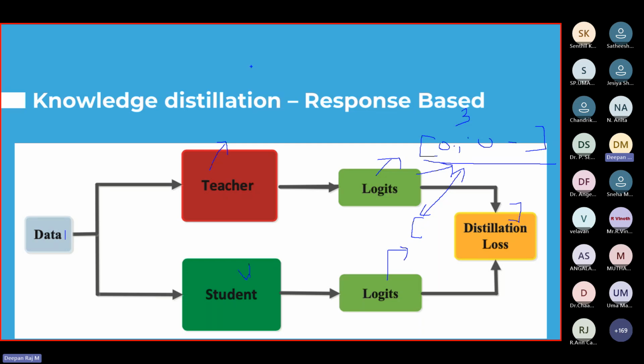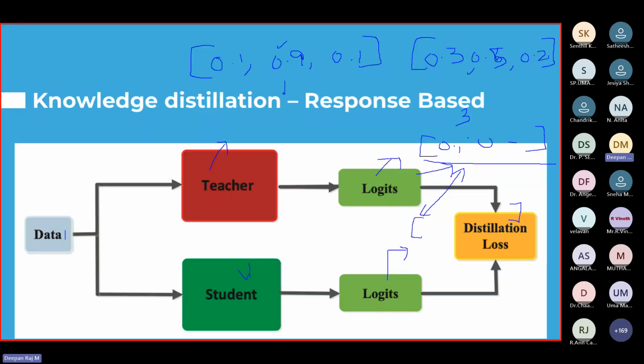Let's say the teacher created an output of 0.1, 0.9, and 0.1, and the student created an output of 0.3, 0.5, and 0.2. Now imagine both the student and teacher detected the same class correctly.